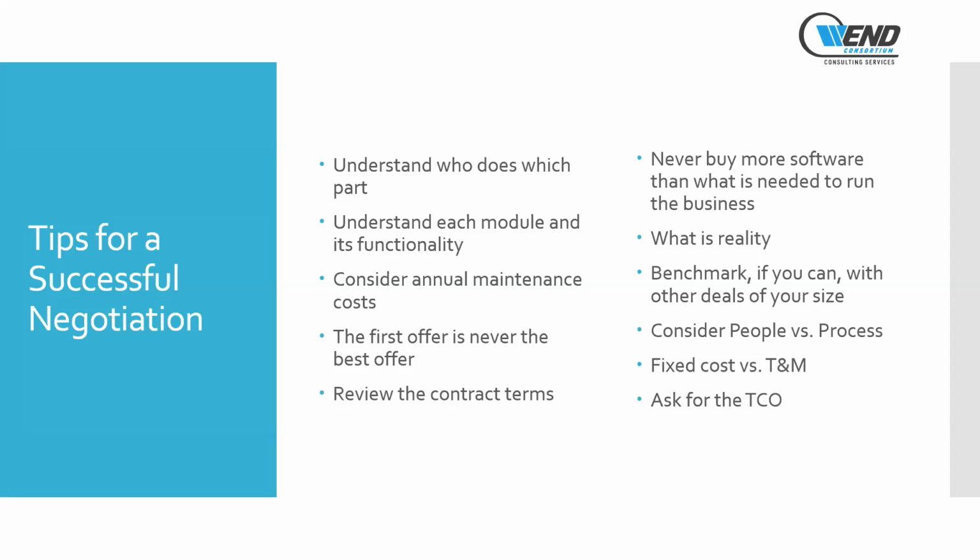Do they do setup and configuration and you do data migration? All those type of things you want to make sure that you understand, because that's part of the negotiation.